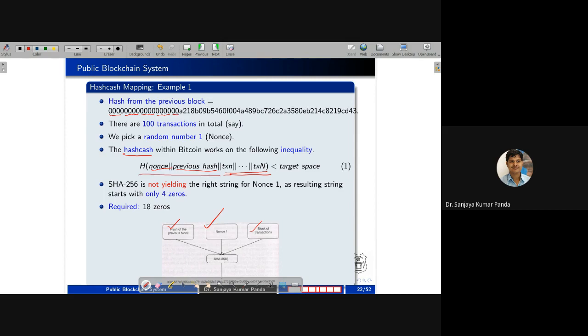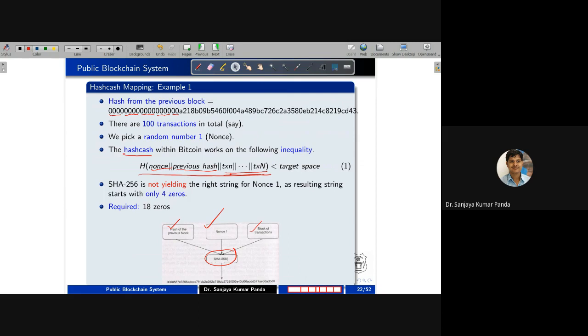And once you get the hash of this value, if it is less than the target, then only it is accepted; otherwise it is rejected. For example, if you apply SHA-256 here, you can see that once you get the hash value, the number of beginning zeros is only 4.